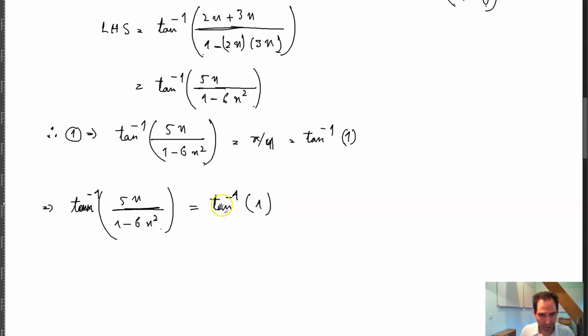Now what that means is that this is the tan inverse of some ratio, and again this is the tan inverse of some ratio.